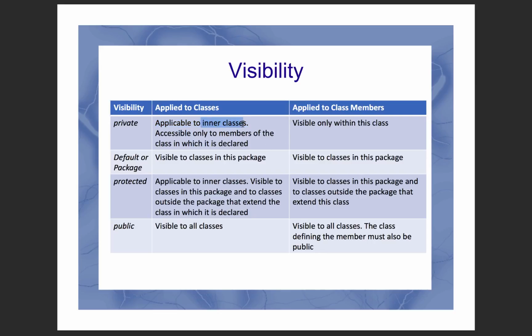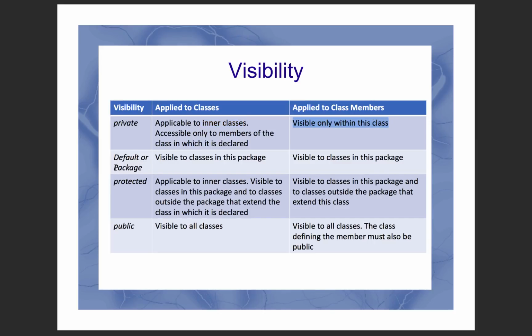Inner classes are classes that are defined inside another class. You can define a private class inside another class, and all the members of that class can be accessed from the parent class only. It is visible only within the class.